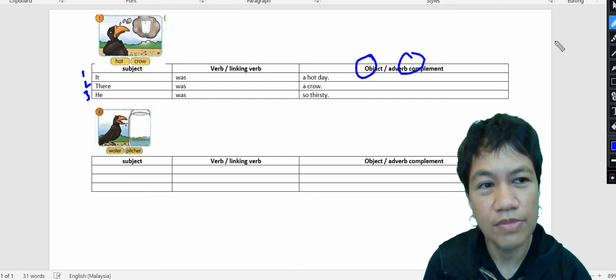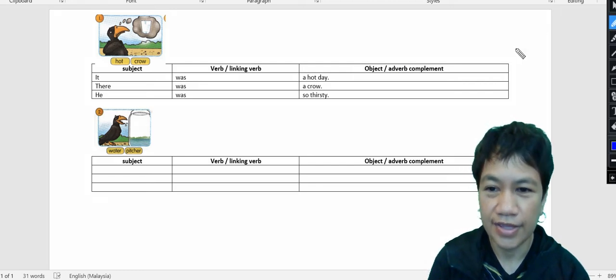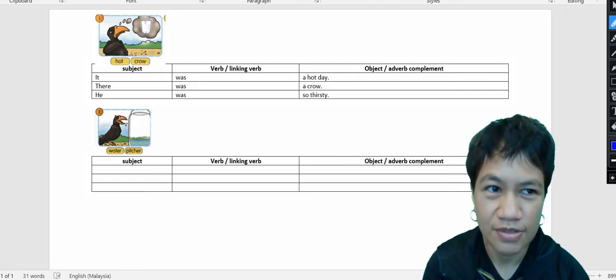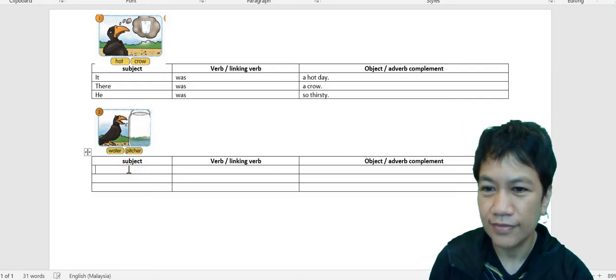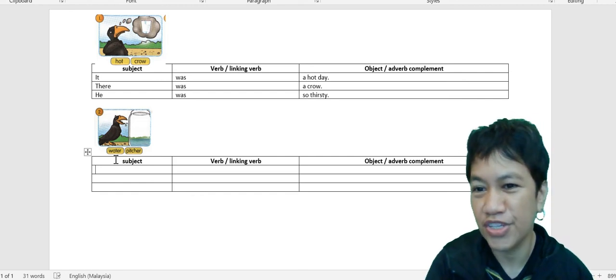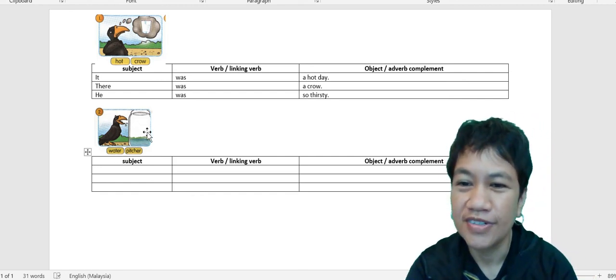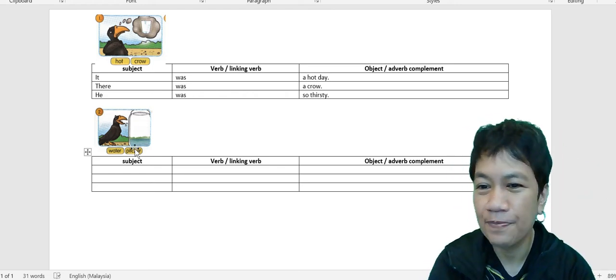So let's look at number 2. Let's do this together. Okay, number 2. Just use the types. Okay, the subject. First, they've given us 2 words, water and pitcher. Pitcher. Okay, but it looks like a jug or balang, yeah?